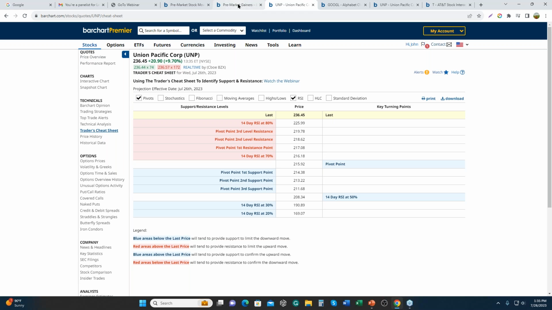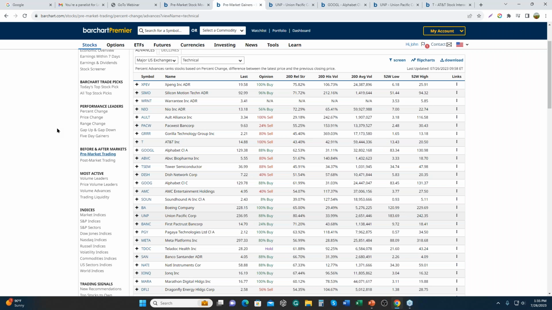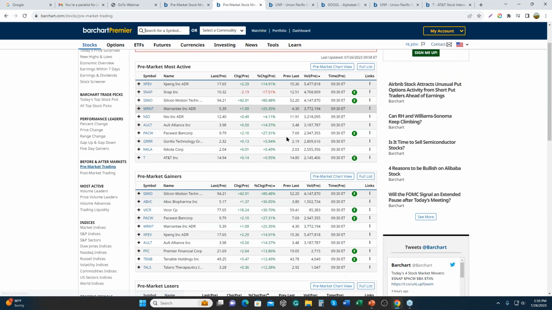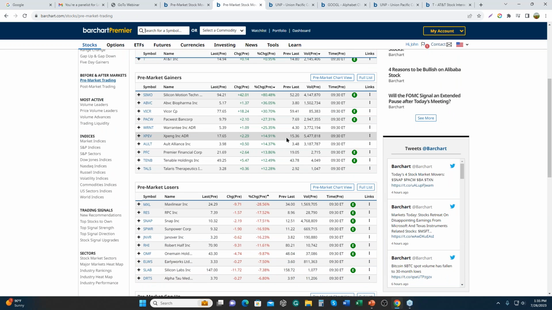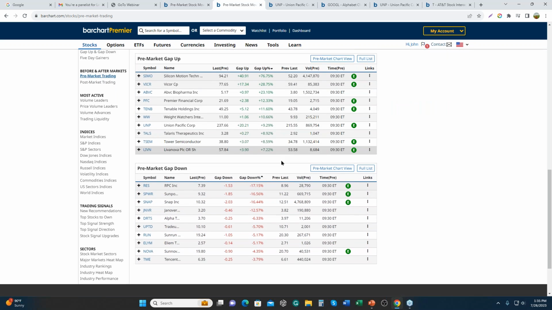All right, so let's go back to our pre-market. All right, so let's look at gainers. Again, we looked at gainers. Let's look at gap ups and gap downs.